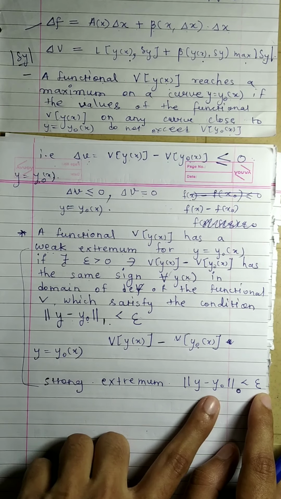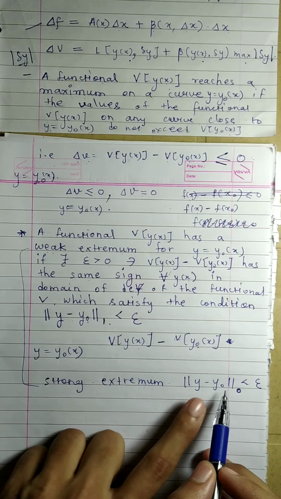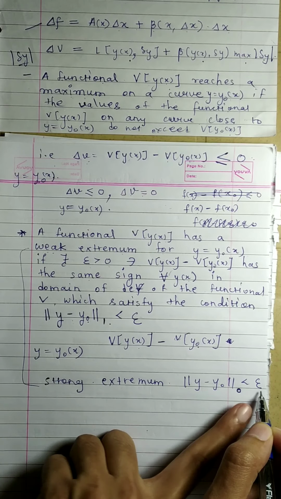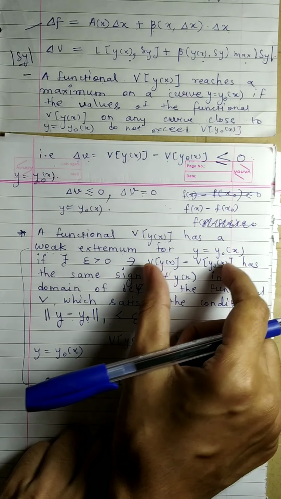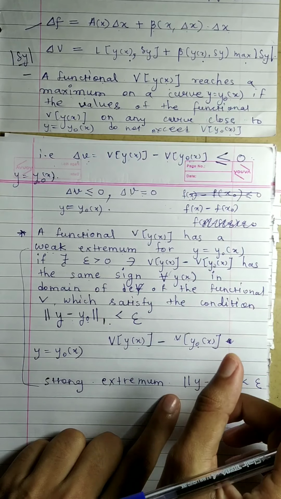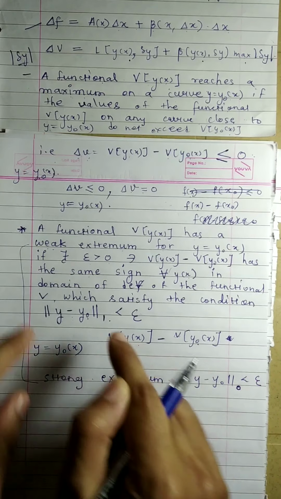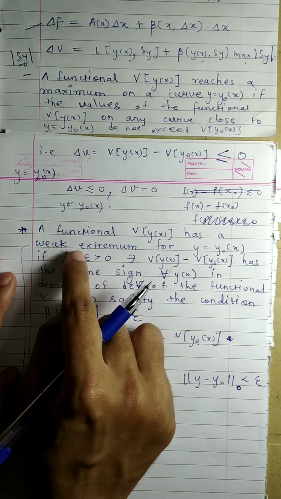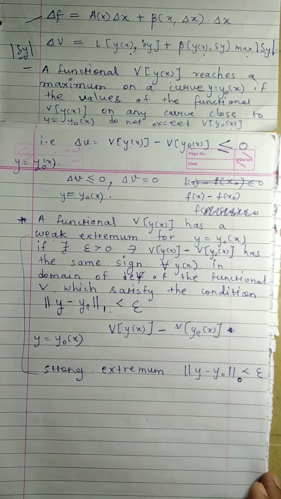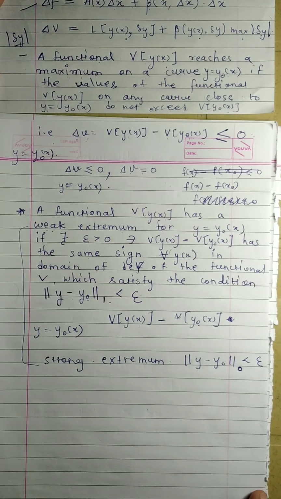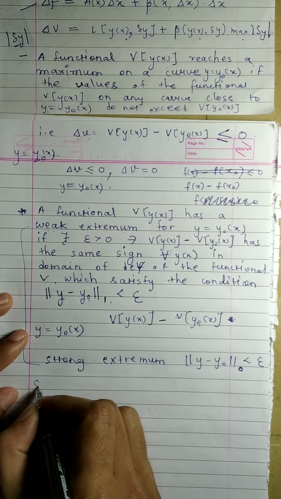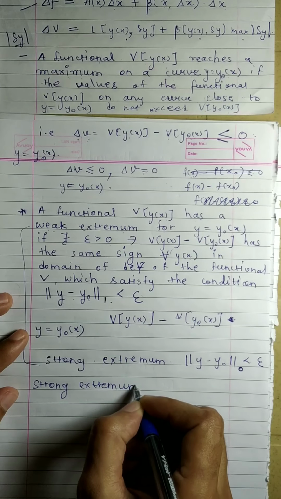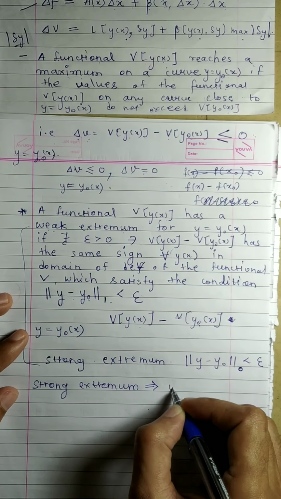If it satisfies this condition, it is called strong, and if it satisfies the other condition, it is called a weak extremum. So from here we can easily say that a strong extremum will imply the weak extremum.